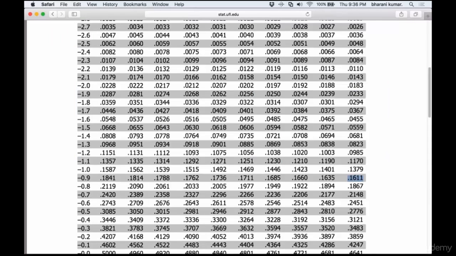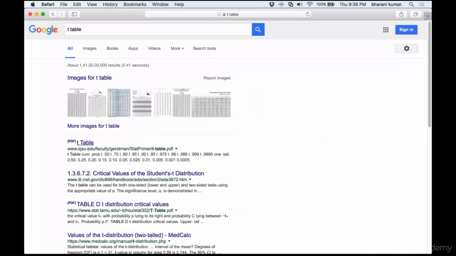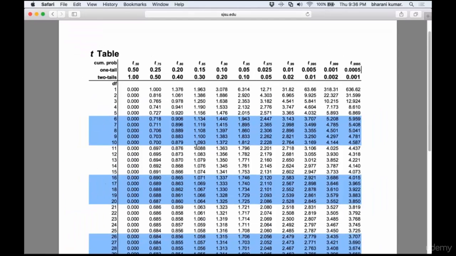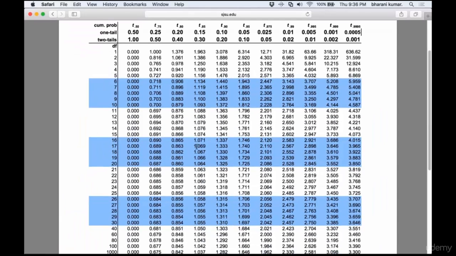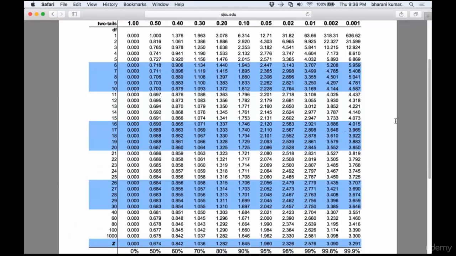So let me open a new one. Let me close this. All you need to do is type t table. You'd get the t table here. I'll choose a red color which is prominent.